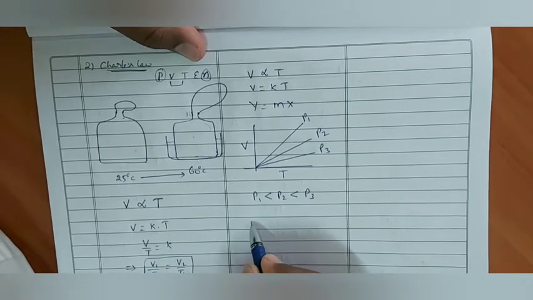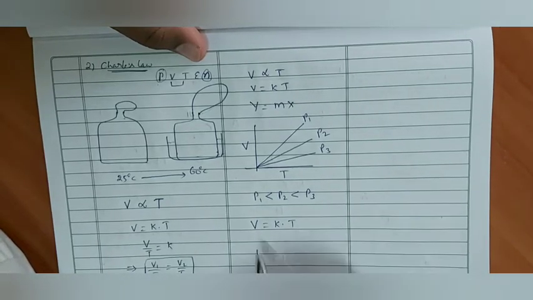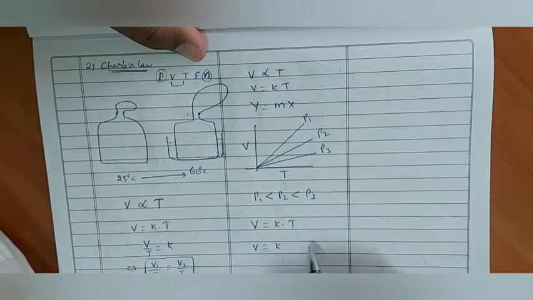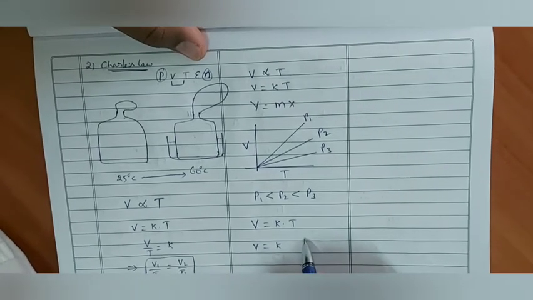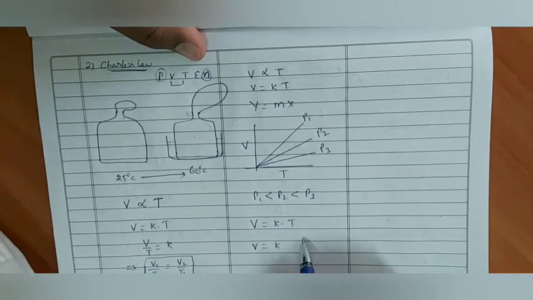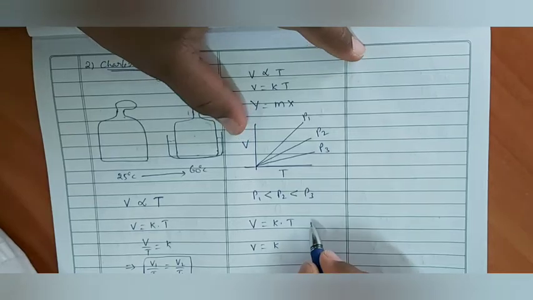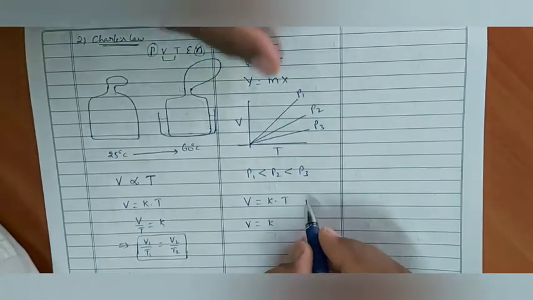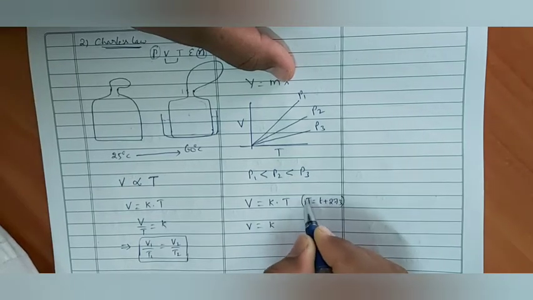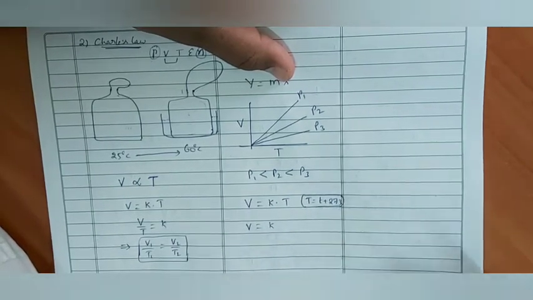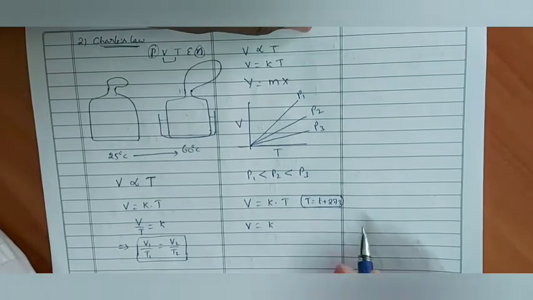Let us see. V is equal to K into capital T. The relation between capital T and small t is capital T equals small t plus 273.